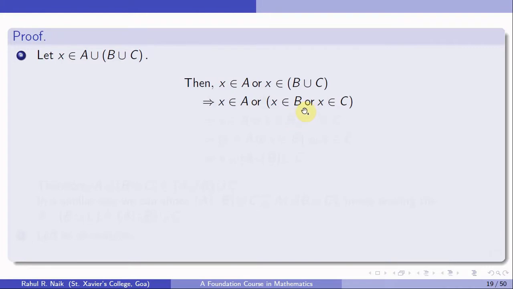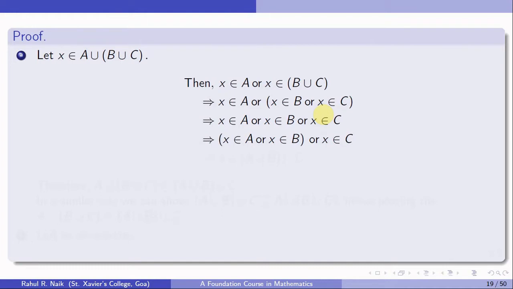So without writing the bracket, we have X belongs to A or X belongs to B or X belongs to C. And now again you can rearrange the brackets wherever you want, using the definition of OR. This would mean X belongs to A union B, and this is separated by OR, so X belongs to (A union B) union C.